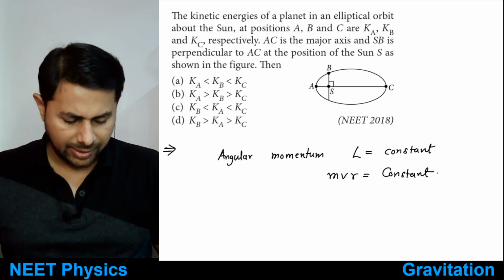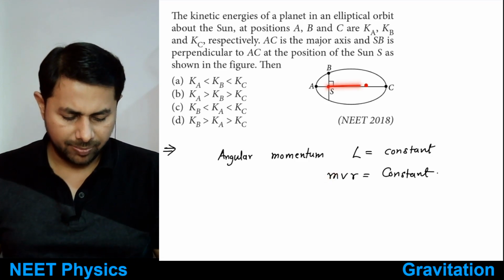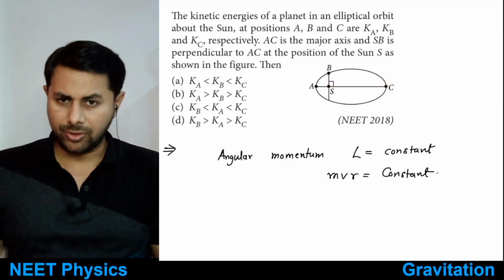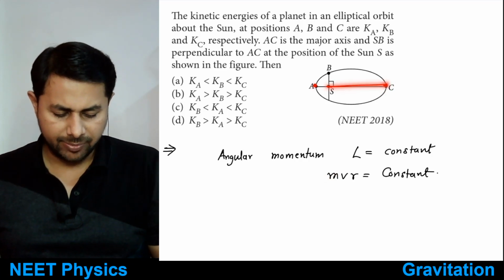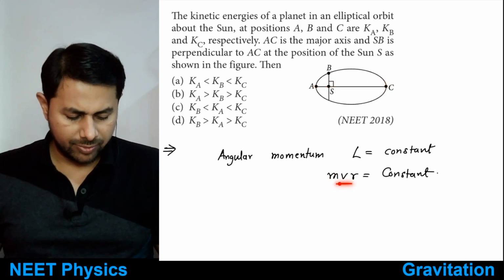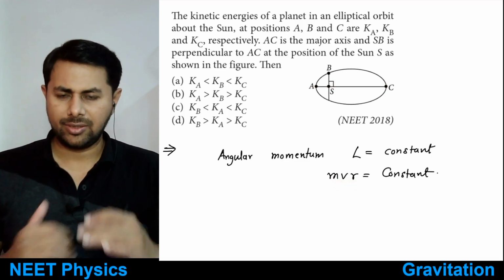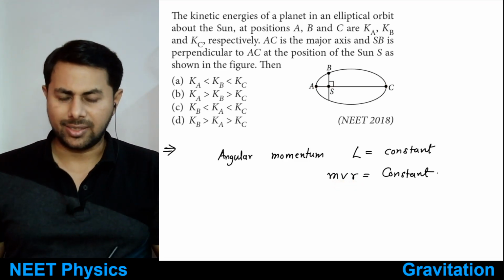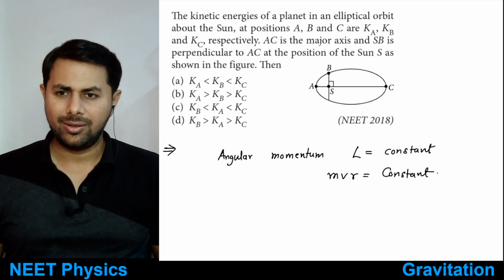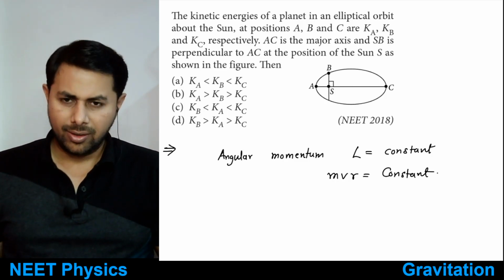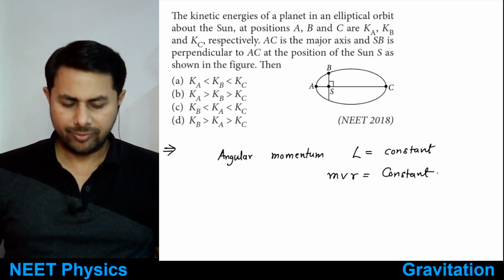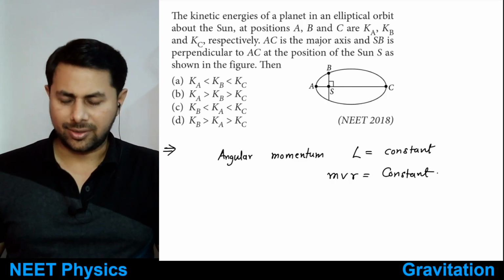Mass is anyway constant, but the distance of the planet from the sun is going to change. It's maximum over here and minimum over here. So v times r is a constant. That means if distance is more, speed would be less, and if distance is less, speed would be more, right? And that's why kinetic energy would be maximum when the planet is closest to the sun.